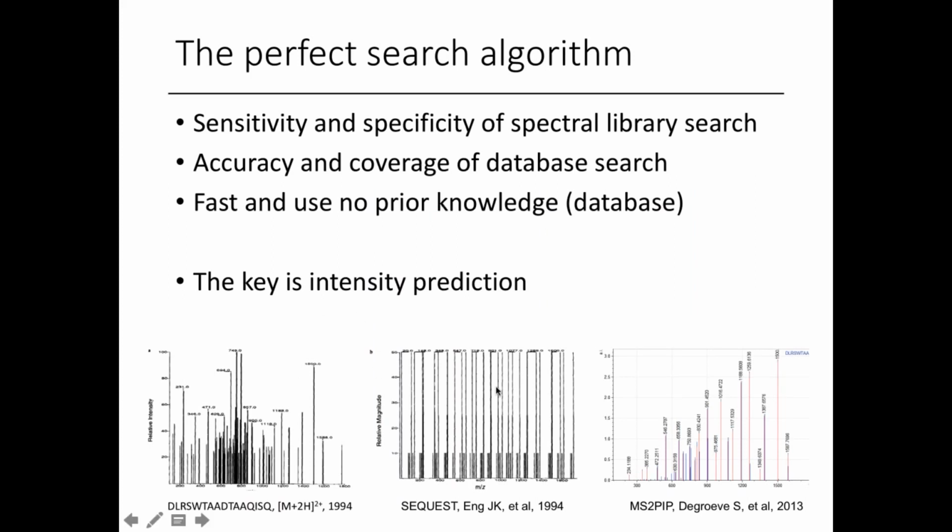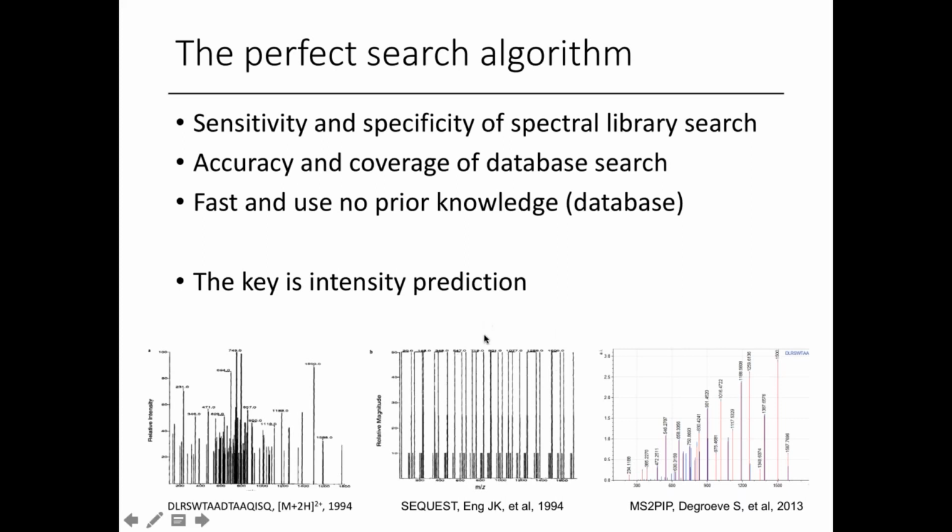On the bottom of the slide, here is an actual low-resolution mass spec spectrum acquired in 1994 for this peptide, published together in the Sequest paper. In the middle is the in silico prediction made by Sequest.